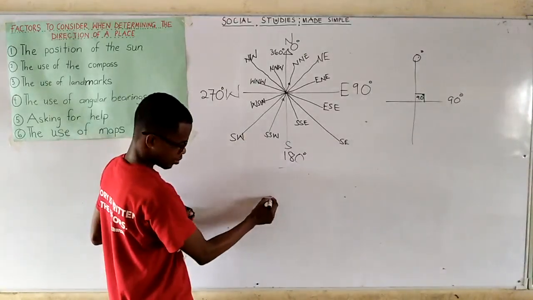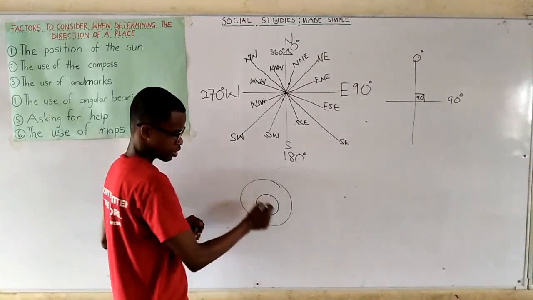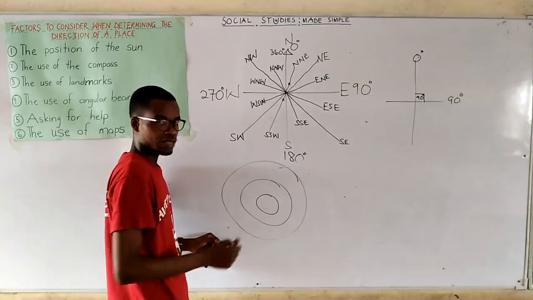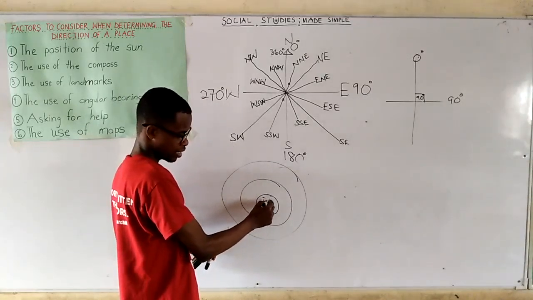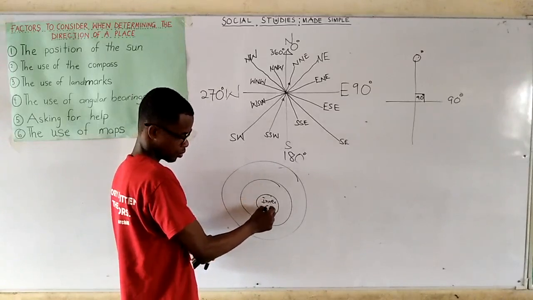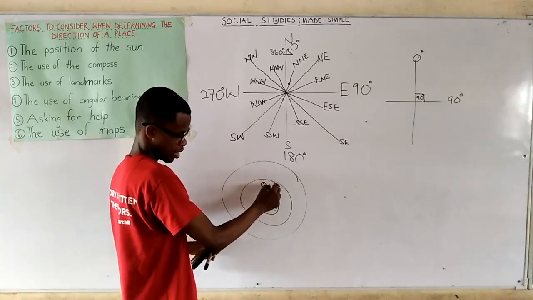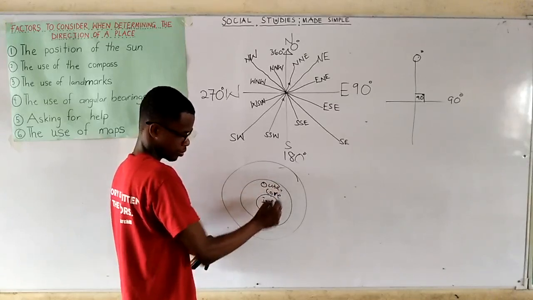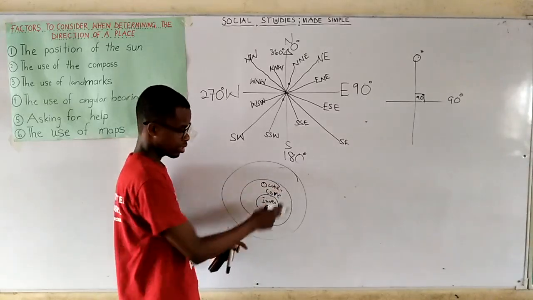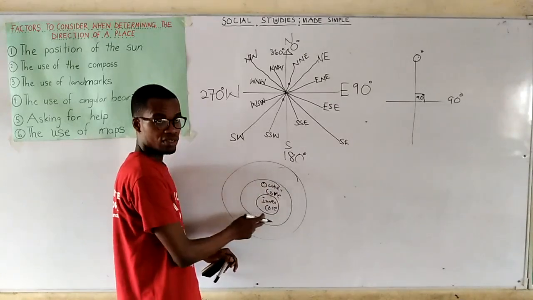With the earth, the structure of the earth is in such a way that the most interior part of the earth is called the inner core. And the next one is the outer core. In the inner core, it is solid. The outer core, there is molten magma here.